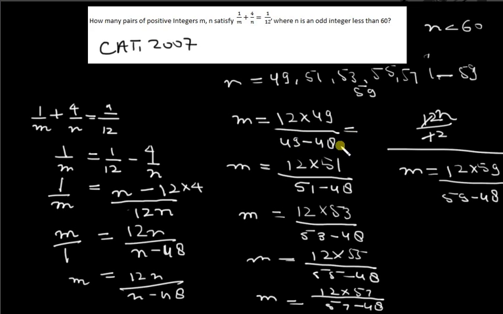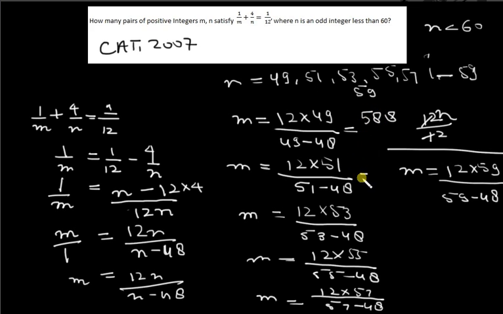So when I solve it, I multiply the numerator only. 12 nines are 108, so I write 8 here and carry 10. Then 12 fours are 48, and then it's 50, it's 58. So it's 58.